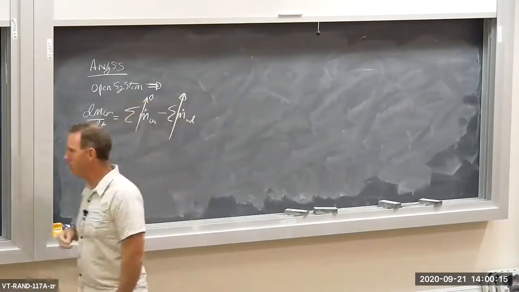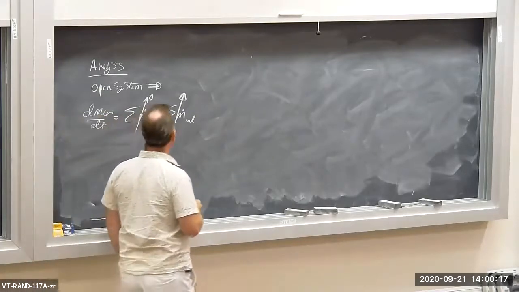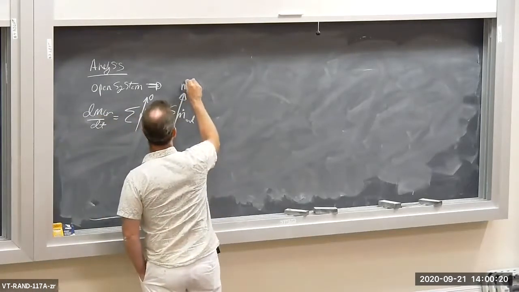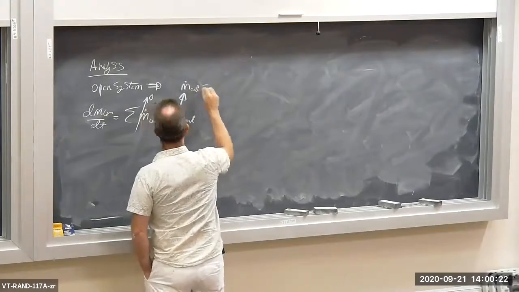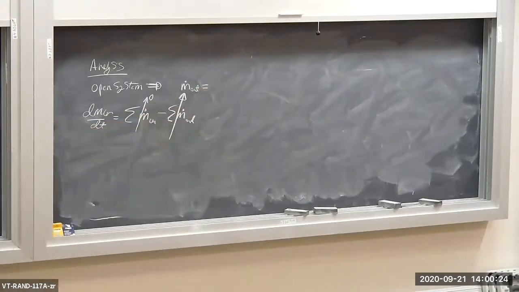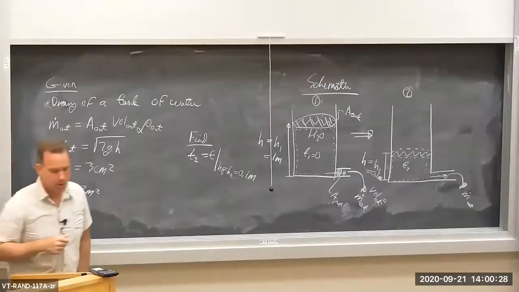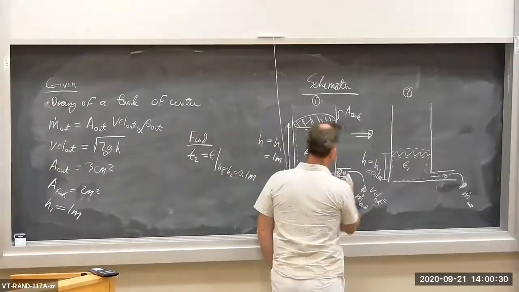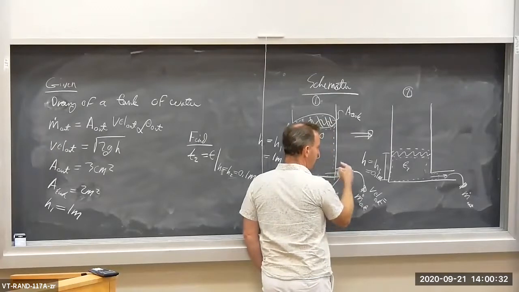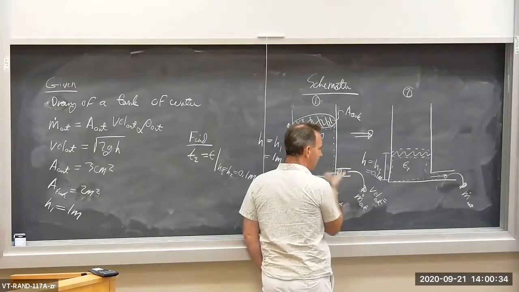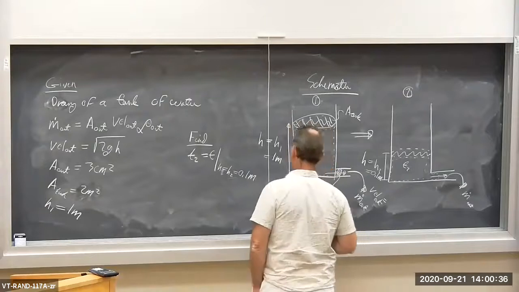Now the mass flow at the outlet, m dot out, is going to be equal to the density of the water times the flow area times the velocity at the outlet.